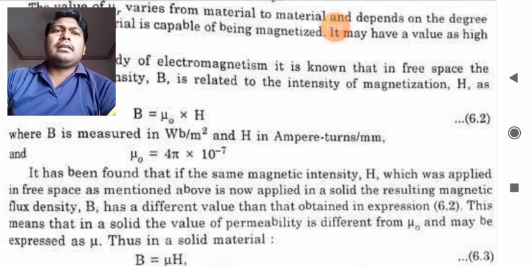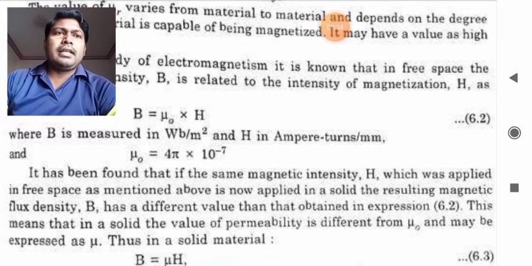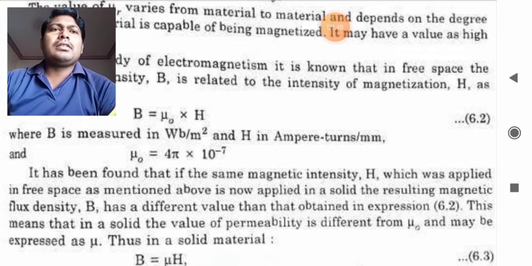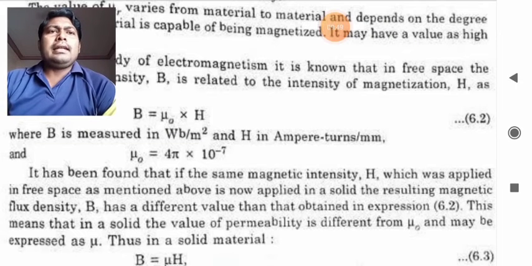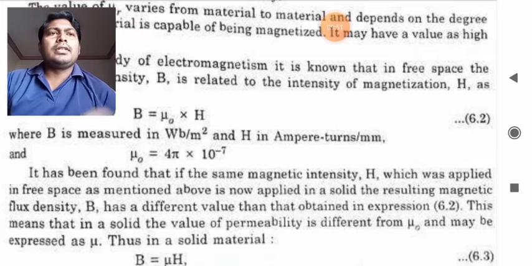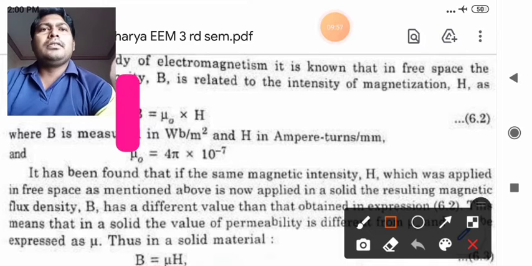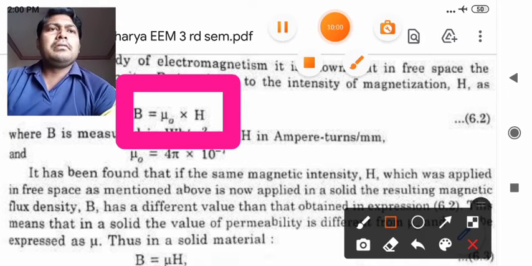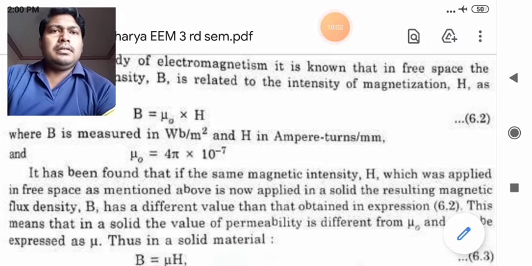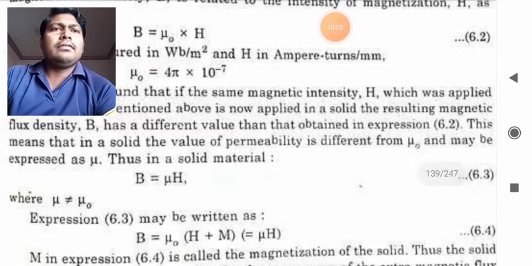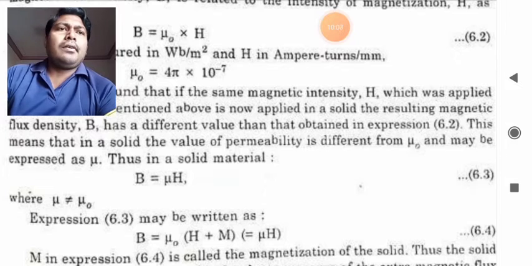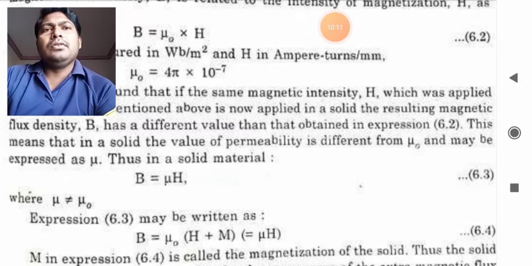It has been found that if the same magnetic intensity, capital H, which was applied in free space, is now applied in a solid, the resulting magnetic flux density, capital B, has a different value than that obtained in the expression 6.2, B is equal to mu naught into H. This means that in a solid the value of permeability is different from mu naught and may be expressed as mu.